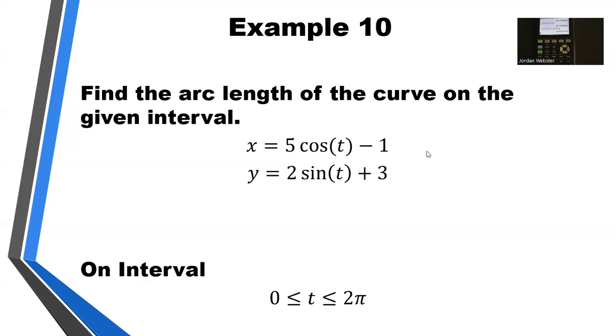Here's one other example that we saw in the lecture, finding the arc length of the curve on the given interval. In this case, this was an ellipse, x equals 5 cosine t minus 1, y equals 2 sine t plus 3 on the interval from 0 to 2 pi. So we'd set up our arc length, which again, I'm not going to go in detail, but I will show you what it is.